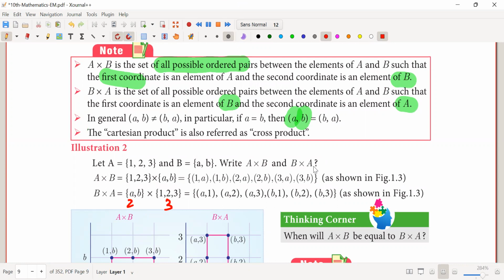So we will group everything together. Illustration 1 is separate. Then illustration 2, example 1, and in the exercise the first sub, where we will be finding A cross B and B cross A. And there may be a question like A cross A, find A cross A also. All this together.